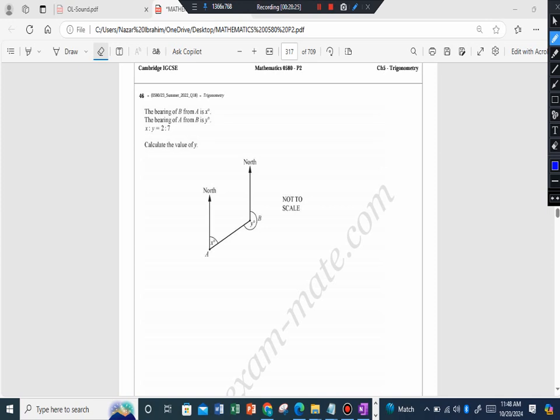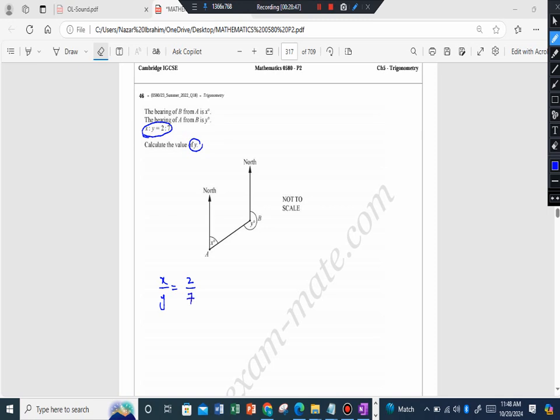Okay, we are given the ratio x to y is equal to 2 to 7, right? We have to calculate the value of y. So x ratio y can be written as x upon y is equal to 2 upon 7.